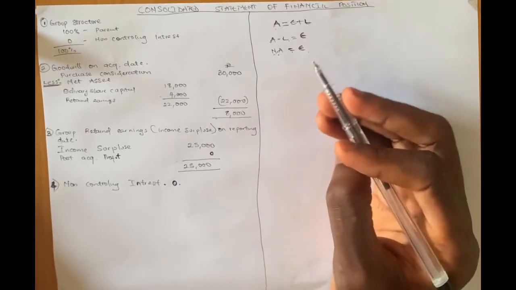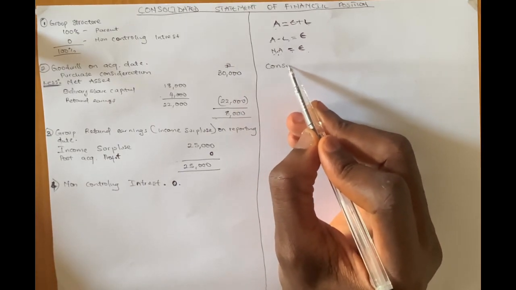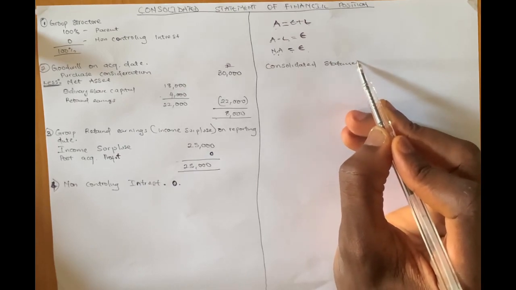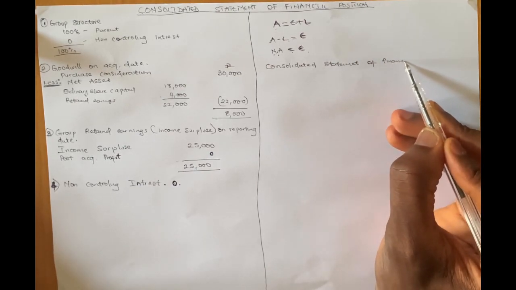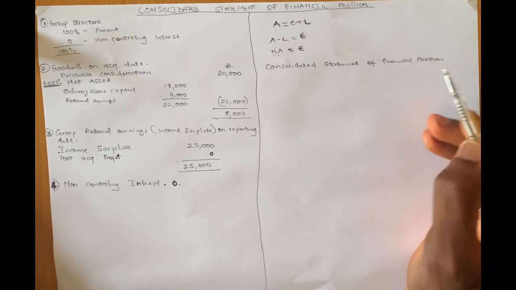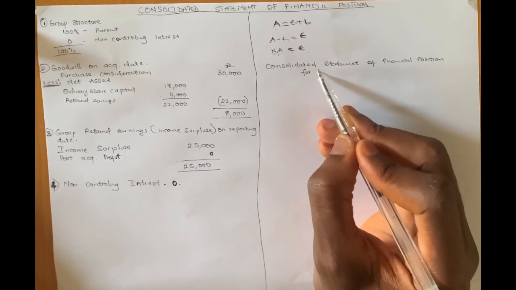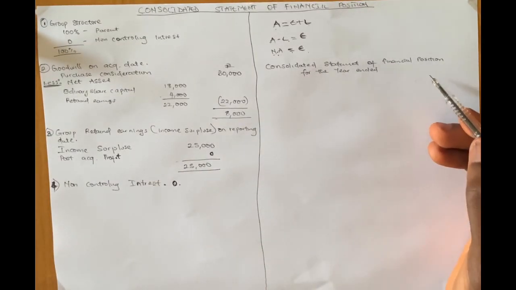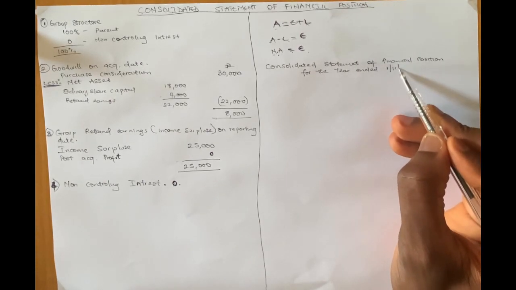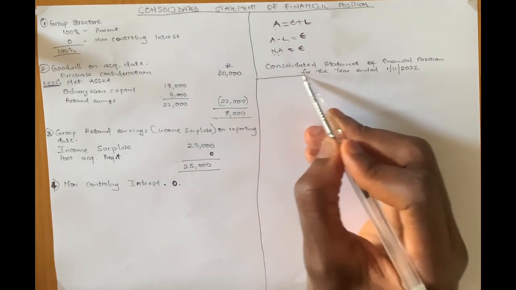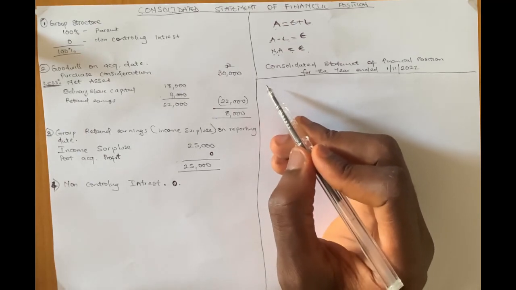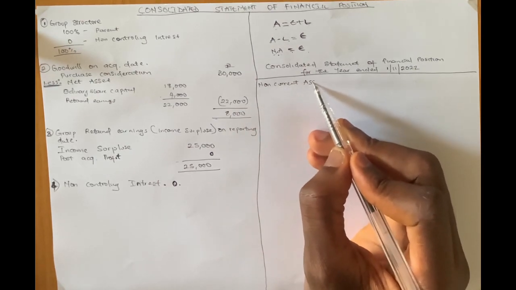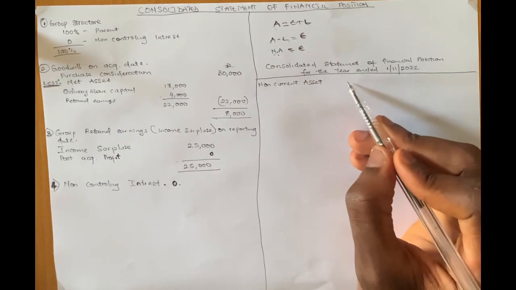So it will be consolidated. Our non-current assets is 75,000.